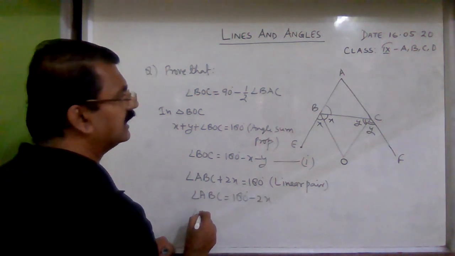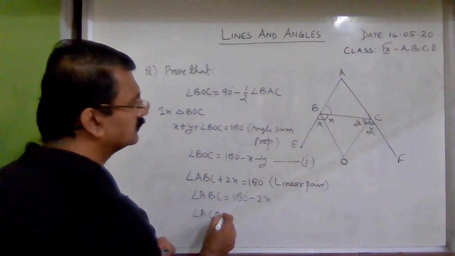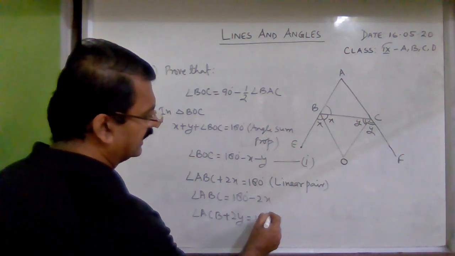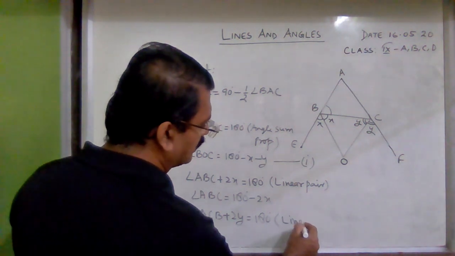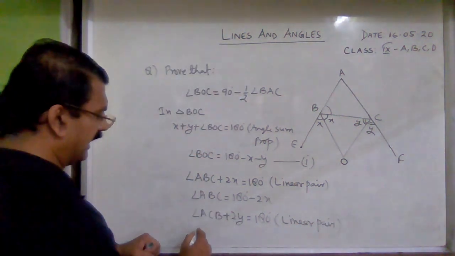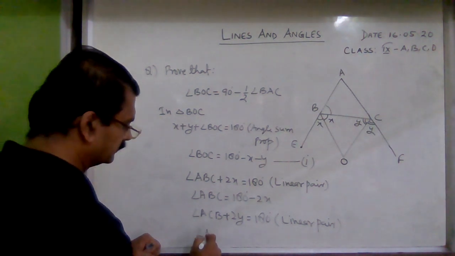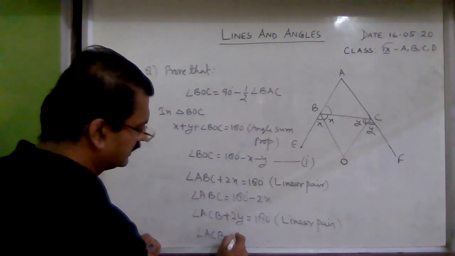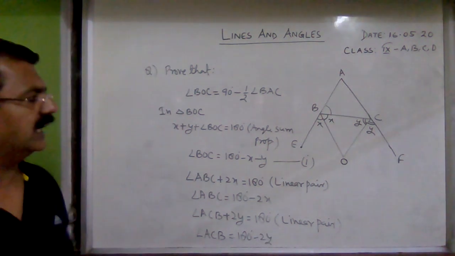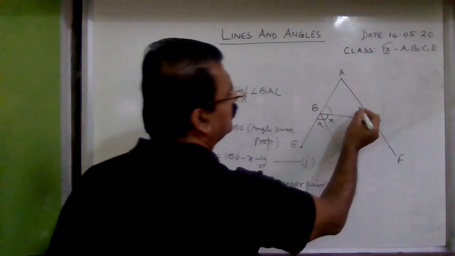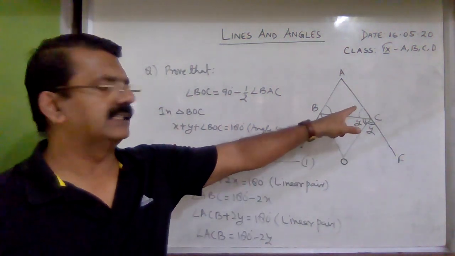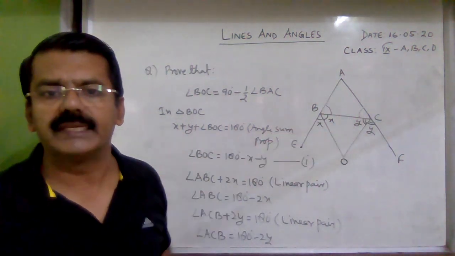Similarly, angle ACB plus 2y is equal to 180, same reason, they are also forming a linear pair. So angle ACB is equal to 180 minus 2y.